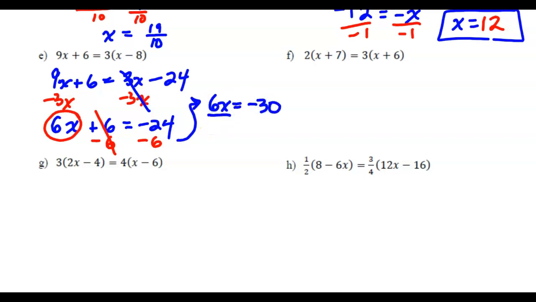And divide by 6. So x equals negative 5.